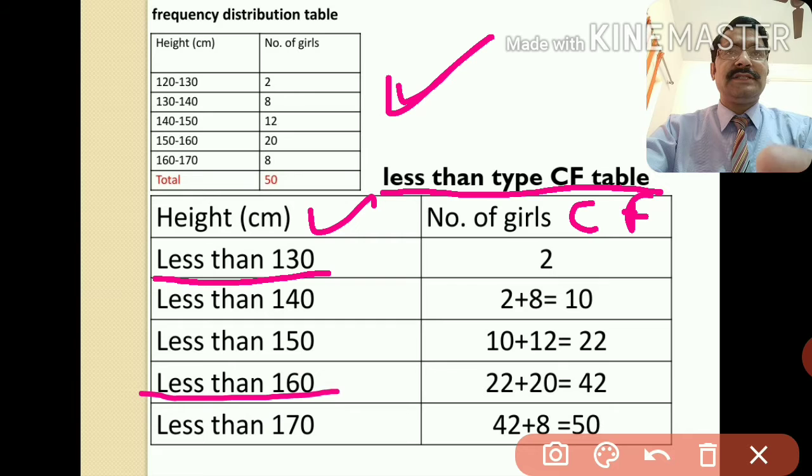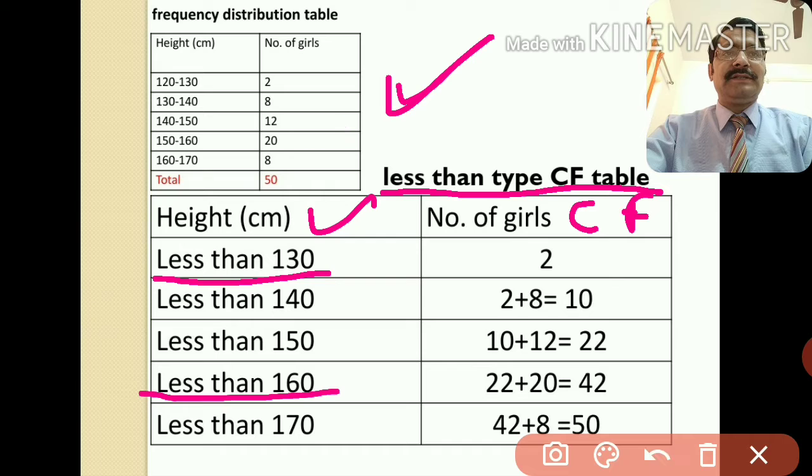Less than 160 means all these parts, and 22 plus 20 we get 42.